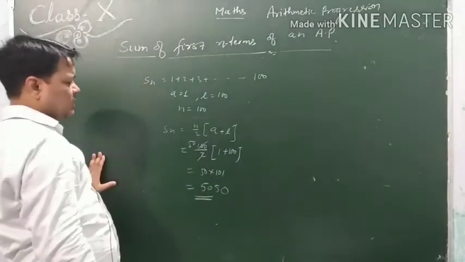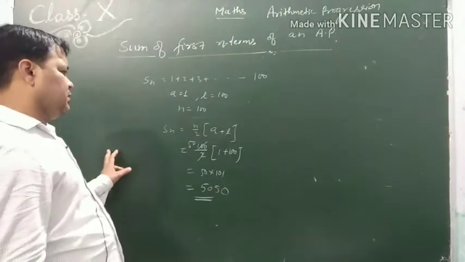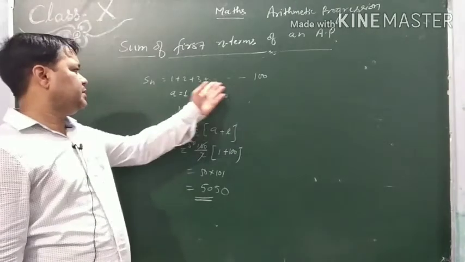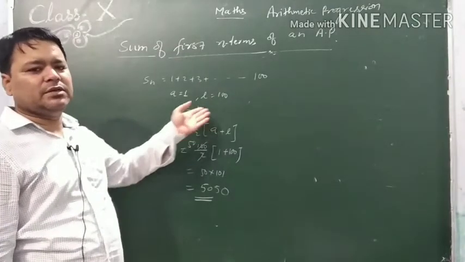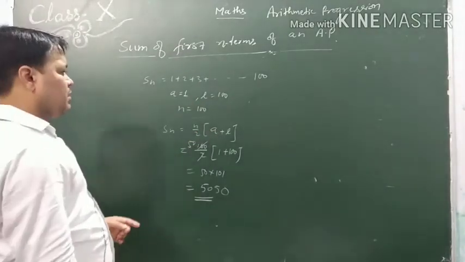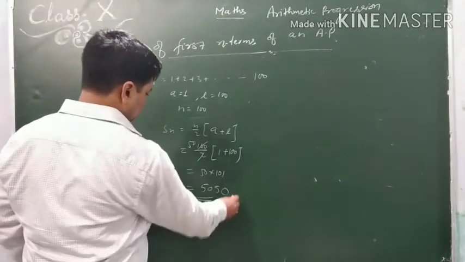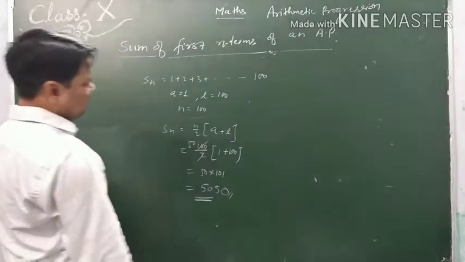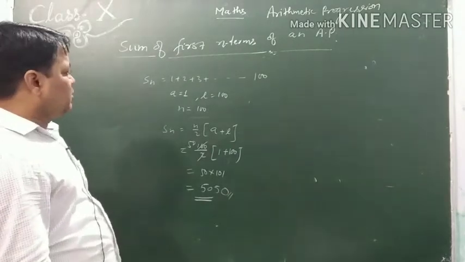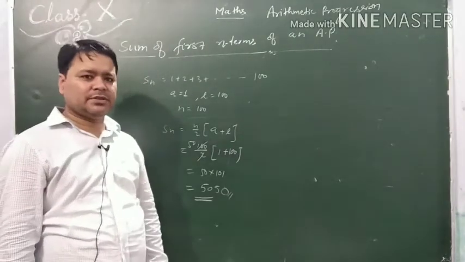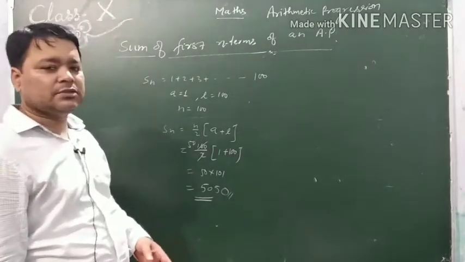This is the answer for the sum of the first 100 natural numbers. If the question is what is the sum of the first 100 numbers, then this is the solution.